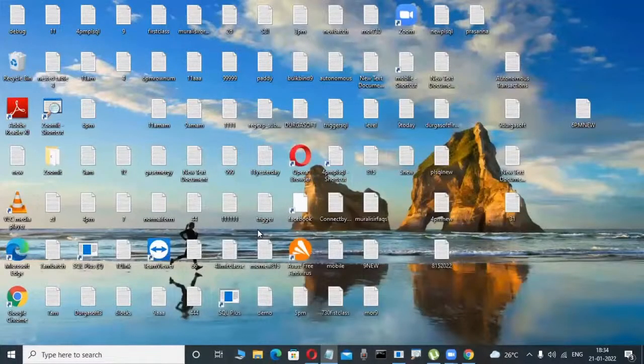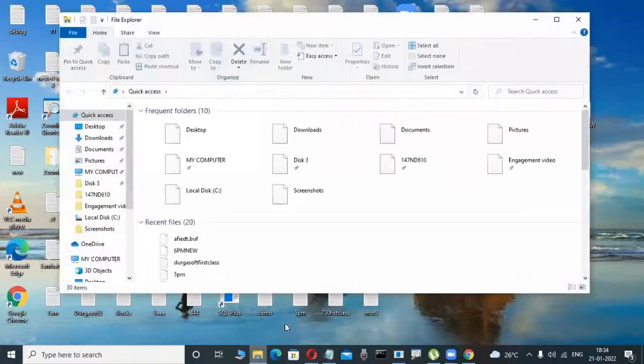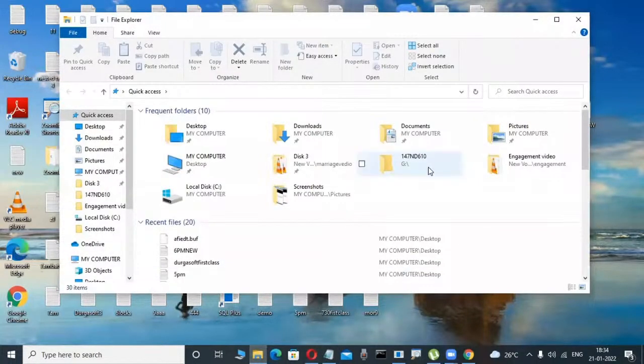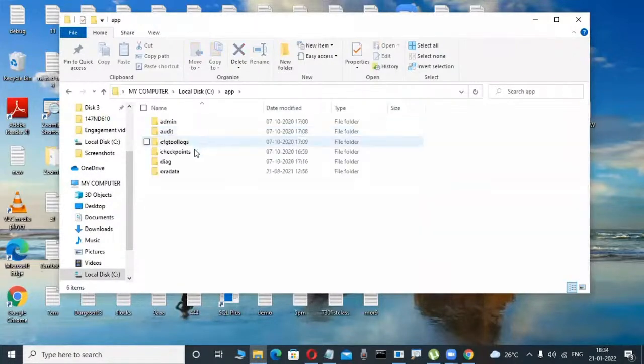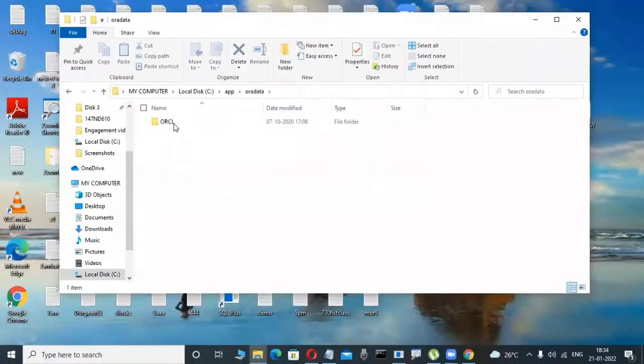Now I'm interested to view whether this table is created or not in my operating system. Suppose a Windows operating system is there, where Oracle is installed. In that location, for example in C colon, wherever the Oracle is, here are those directories, don't worry, these are folders: Oracle, Oradata, ORCL.